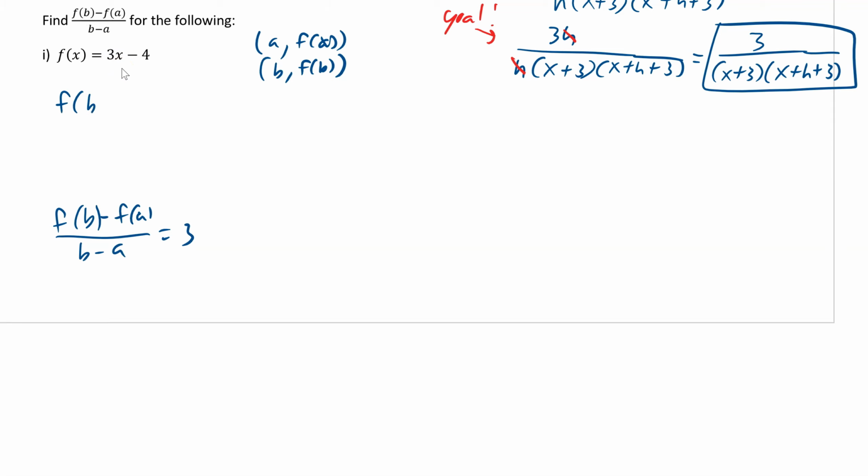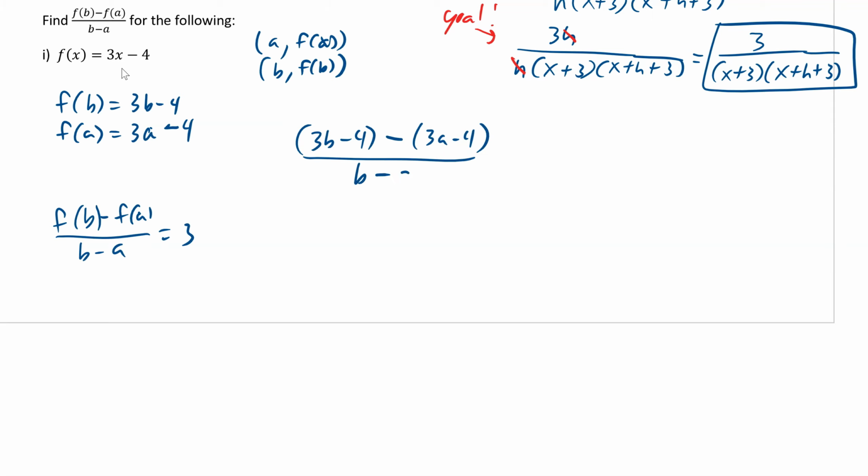So first we need f of b, so we plug that in. And we need f of a, so we plug that in. That's an a, not a b. And then we subtract. So the top says we're going to take our f of b, subtracting our f of a, and then we divide that whole thing by b minus a.